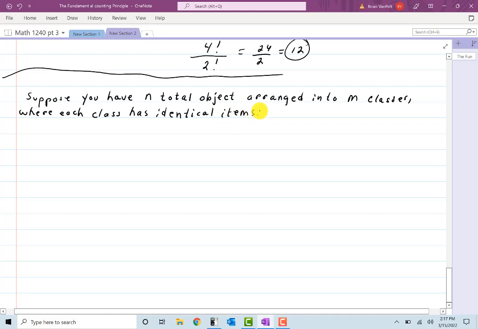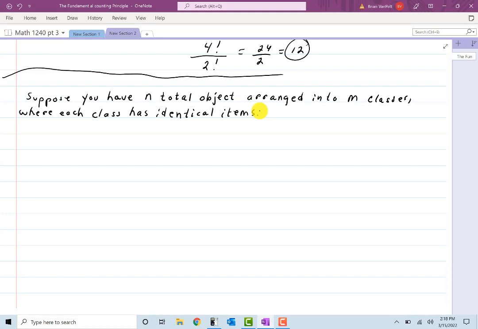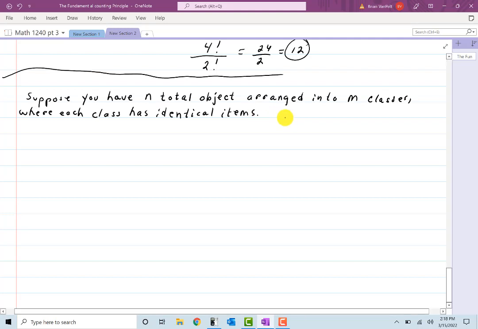So you've taken n things, broken it up into m classes. In each one of these classes, all of the items are the same.